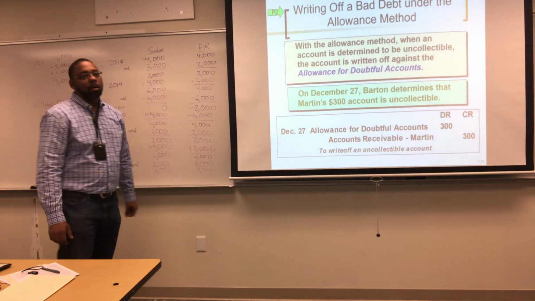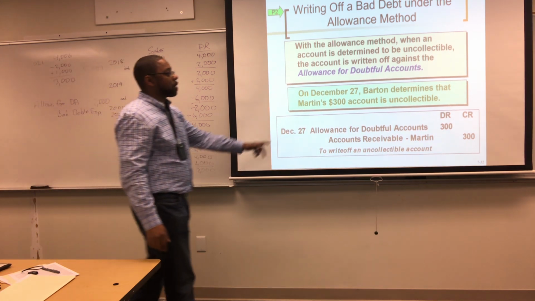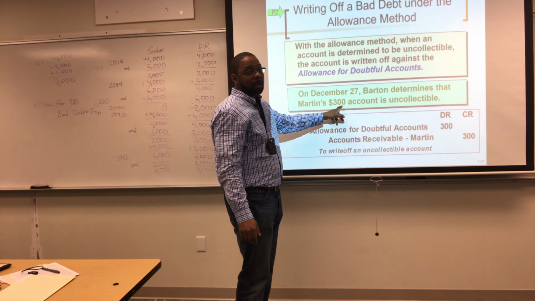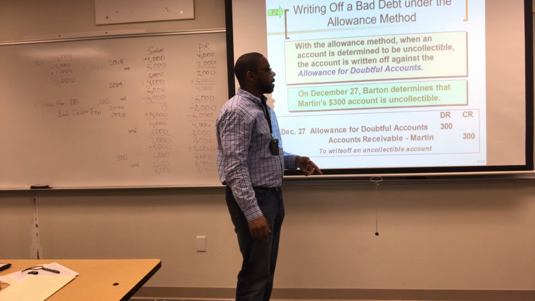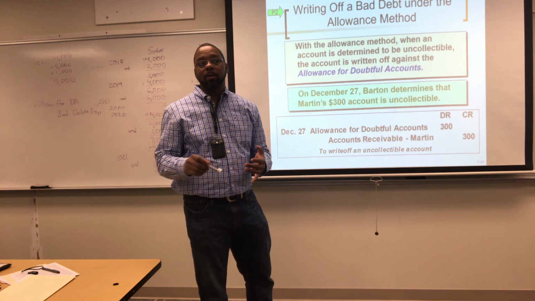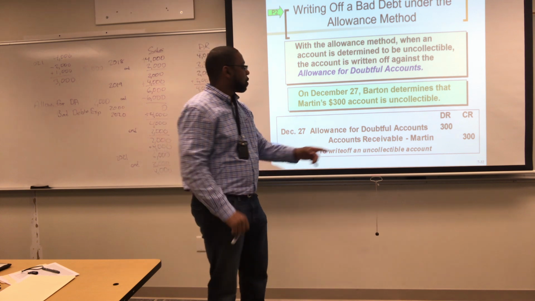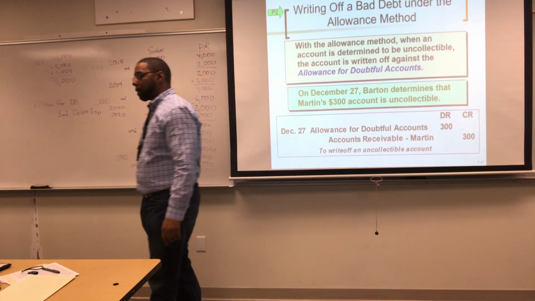And then, if it comes up that a client can't pay their bill, say Barton determines that Martin's $300 account cannot be paid. Now under the allowance method, you're not going to debit bad debt expense. You're going to debit the allowance for doubtful accounts and credit the accounts receivable.